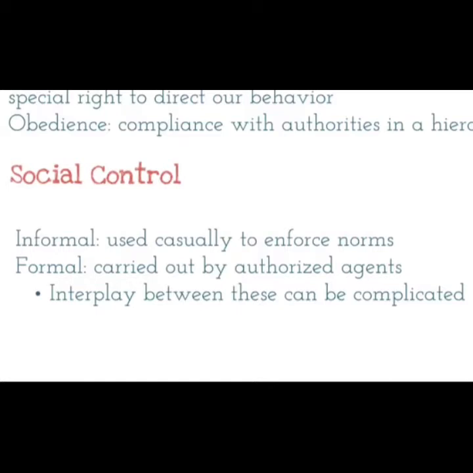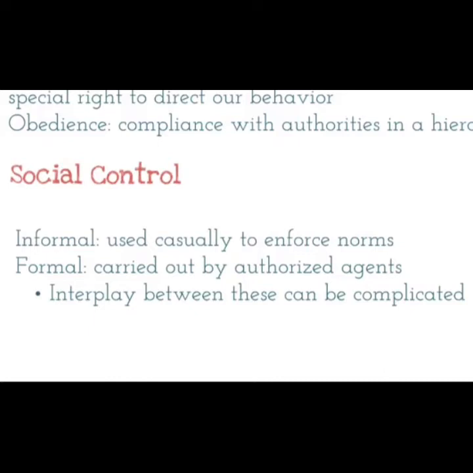Sometimes informal and formal social control lines up together so that you have the informal, for example, what's happening in your family or with your peers, enforcing the formal. So let's say we have a law against marijuana smoking in society, and your peer group also says this is bad, you should not be doing it.